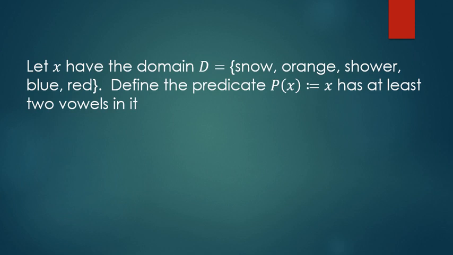And we're going to define our predicate P of x to be that x has at least 2 vowels in it. So, again, based on what x value we plug in from our domain into capital P of x may or may not be true.